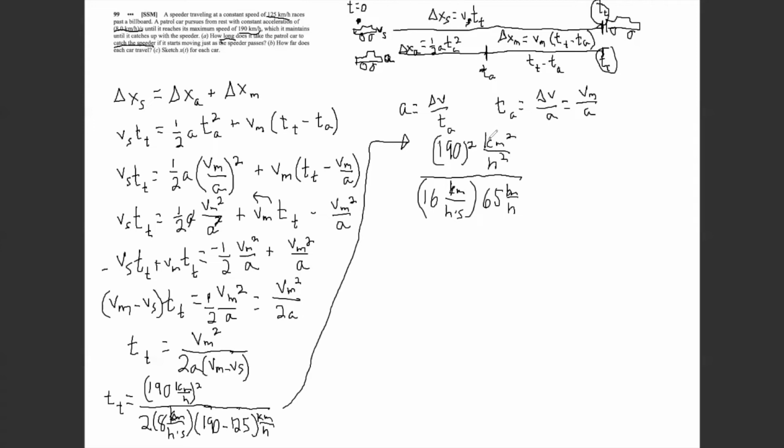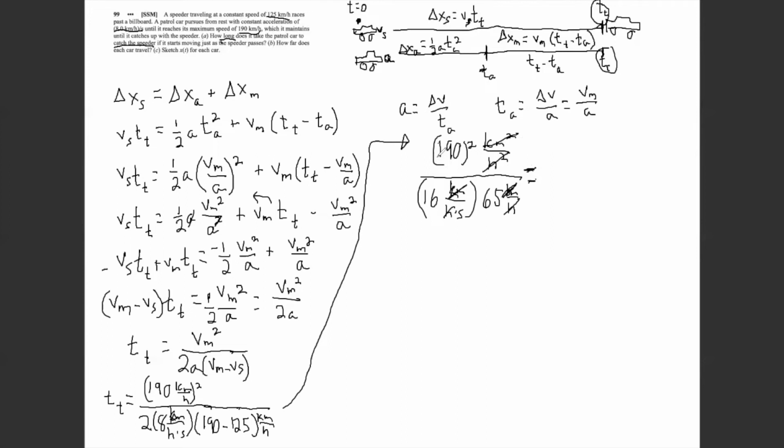And if we look at this, we've got kilometers squared over kilometers times kilometers. So all those kilometers cancel. That's kilometers squared on the bottom, canceling kilometers squared on top. We've got an hour times an hour. That's an hour squared, right? Hours squared over hours squared. Those hours cancel. And that leaves us with just units of seconds. So we could have converted our kilometers per hour into meters per second, but it just wasn't necessary.